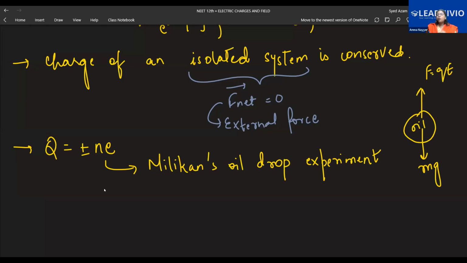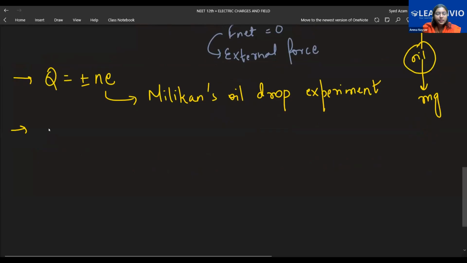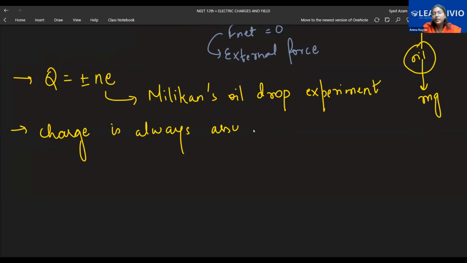Now charge is always associated with mass. What are massless quantities? You should know this. Charge is always associated with mass.